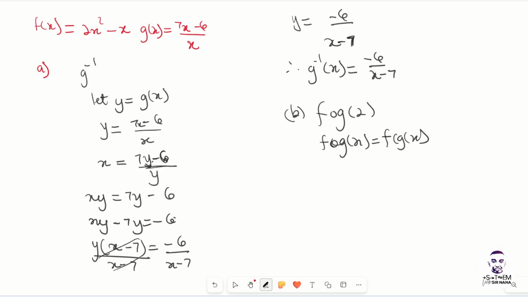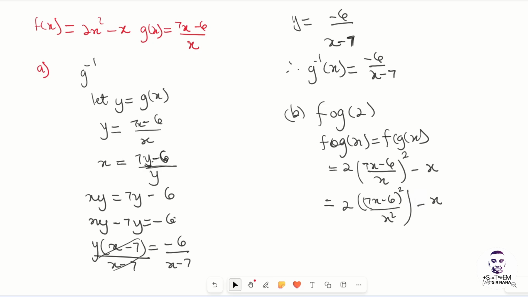So we will have 2 times 7x minus 6 all over x, all squared, minus x. This gives 2 times the numerator 7x minus 6 all squared, over the denominator x squared, and all this minus x.